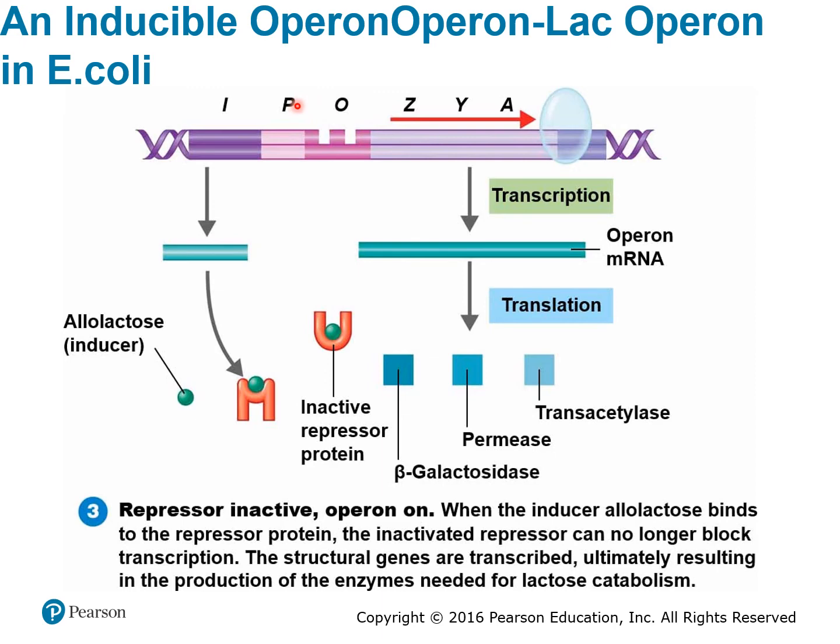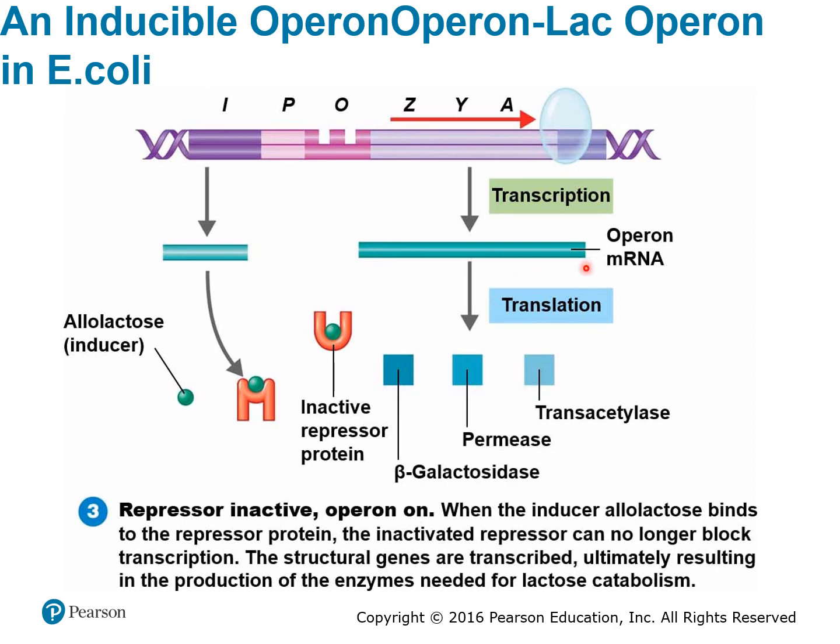And therefore the RNA polymerase is going to be able to glide smoothly along the DNA sequence, and transcription is going to go ahead and take place. So these genes right here are going to be transcribed.